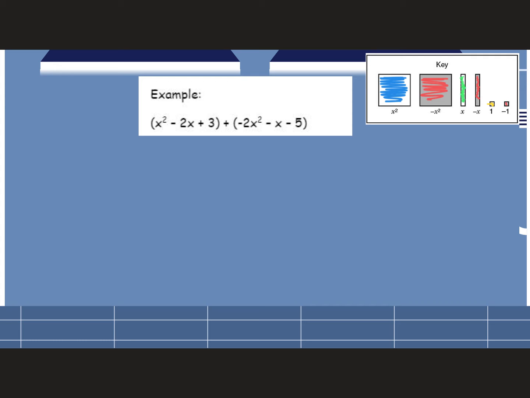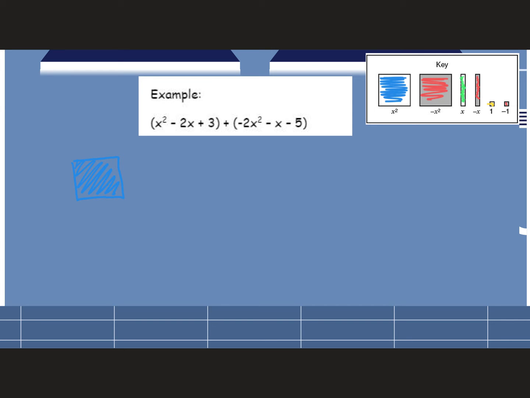All right, so this first example, I have x squared minus 2x plus 3, and I'm adding it to negative 2x squared minus x minus 5. So the first thing I'm going to do is draw out my first expression here. So I have x squared, so I'm going to use my larger blue tile, which represents x squared.